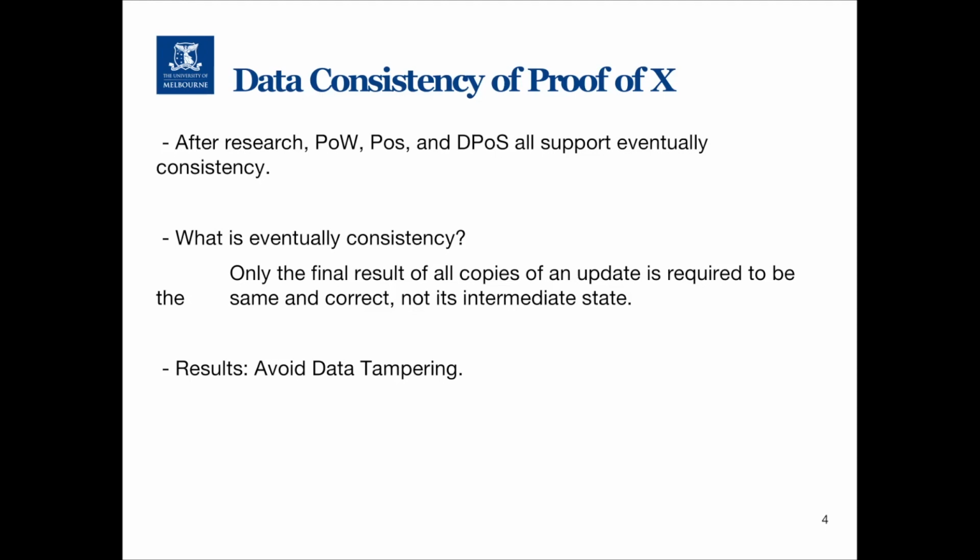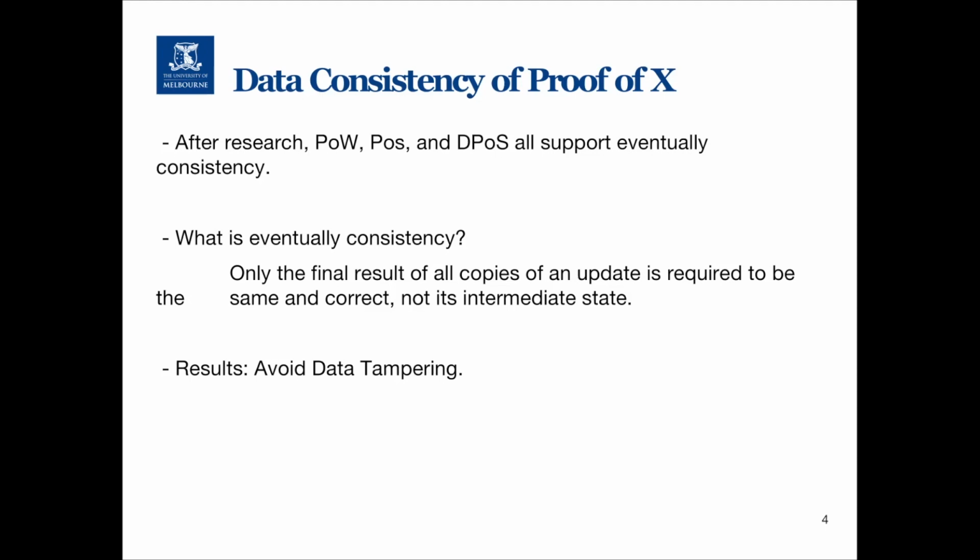For example, in the proof of work algorithm based on the probabilistic model, the result of reaching consensus at one time is temporary, and the probability of the consensus results being overturned becomes smaller and smaller as time goes by.